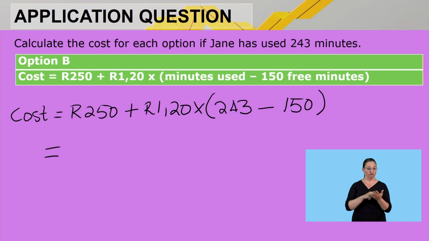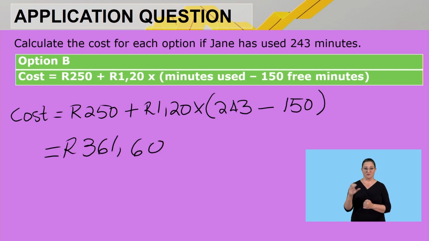Now, working that out, 250 plus 120 multiplied by 243 minus 150. So this will be 361.60. So now Jane will have to choose which option will be better, if it would be a prepaid or a contract cell phone.